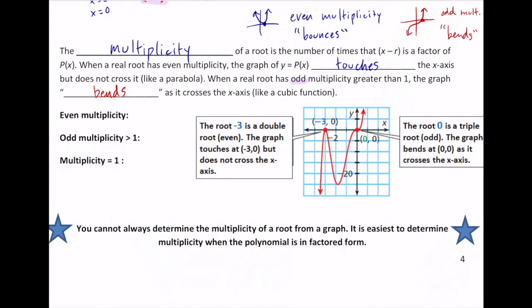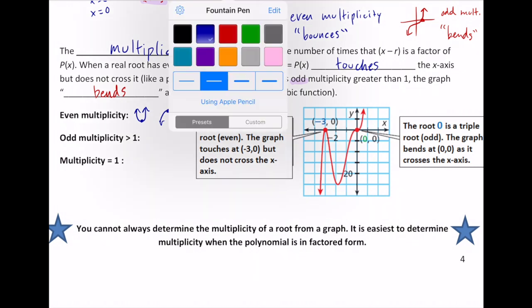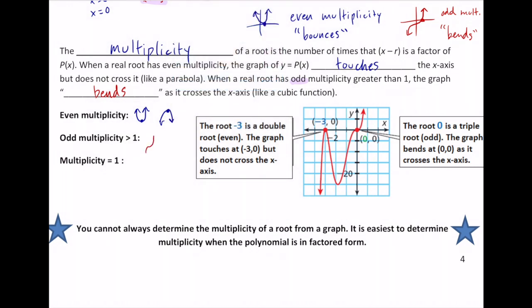All right, so let's visualize this. I like seeing things visually. So an even multiplicity, we're going to bounce off of the x-axis. So we're going to touch the x-axis at one point, and our graph is going to look like that. Odd multiplicity, when the multiplicity is greater than 1, it's going to look like a cubic function.